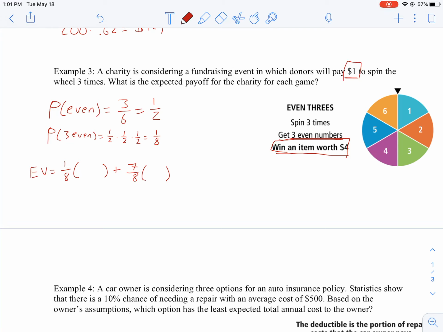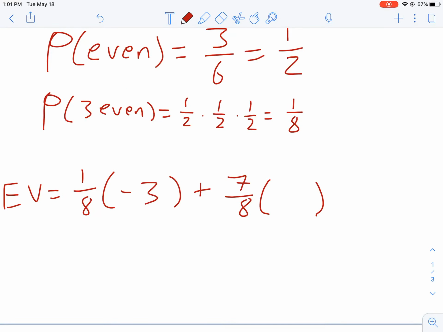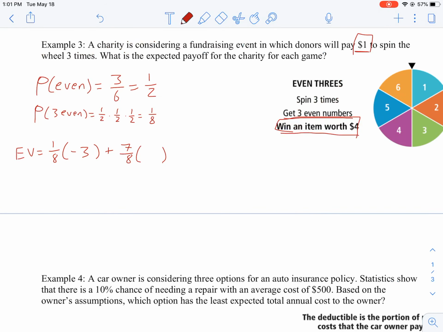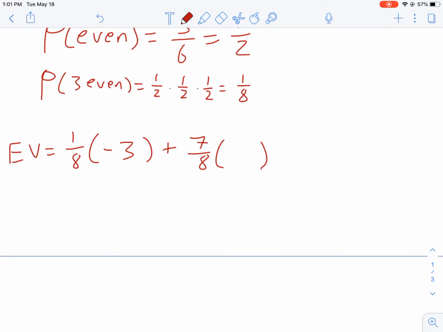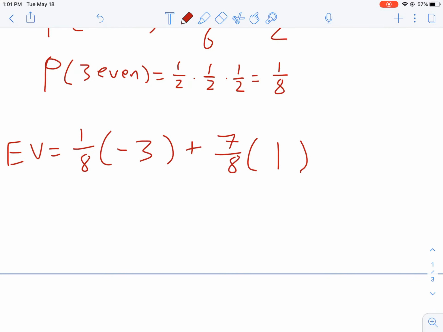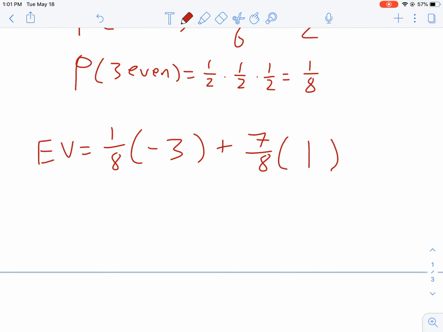So the charity is paying out $4 and bringing in $1. In total, the charity is losing $3, all right? If someone loses the game, they don't get any prize, and they just had to pay the $1, so the charity makes $1, okay? So we've got a 1/8 chance the charity loses $3 and a 7/8 chance the charity makes $1, okay?